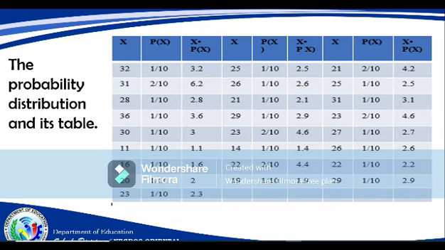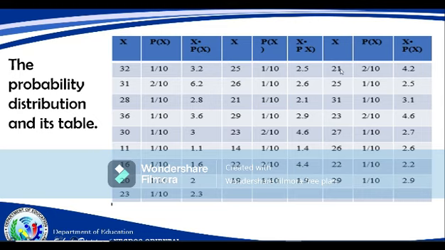They share a common number of storms, so you will have 2 over 10. Then 25 is 1 over 10. 31 is 1 over 10. For 23, 2 over 10. 27 is 1 over 10. 26 is 1 over 10. 22 is 1 over 10. Then 29 is 1 over 10.